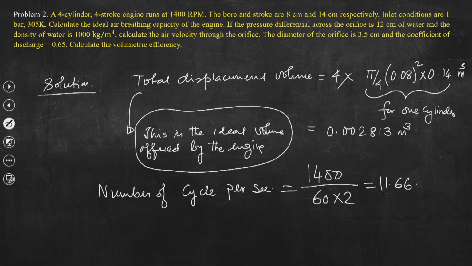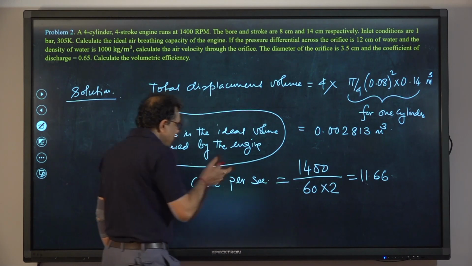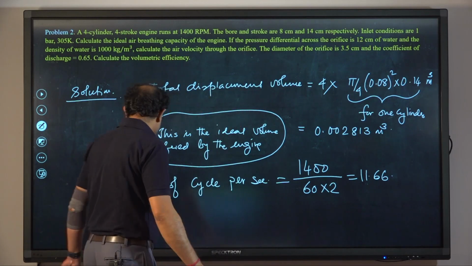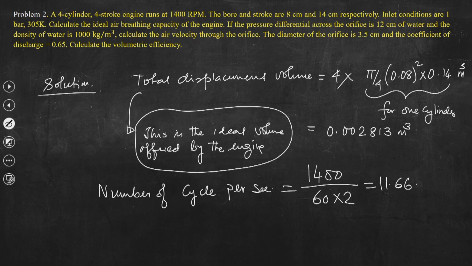Knowing this, if we multiply this quantity with 11.66, we will get the theoretical volume offered by the engine per second.